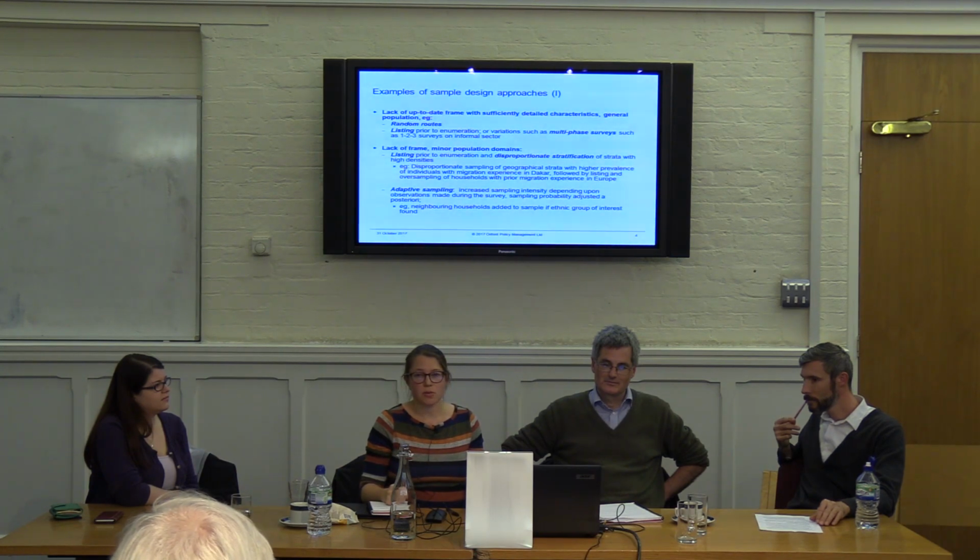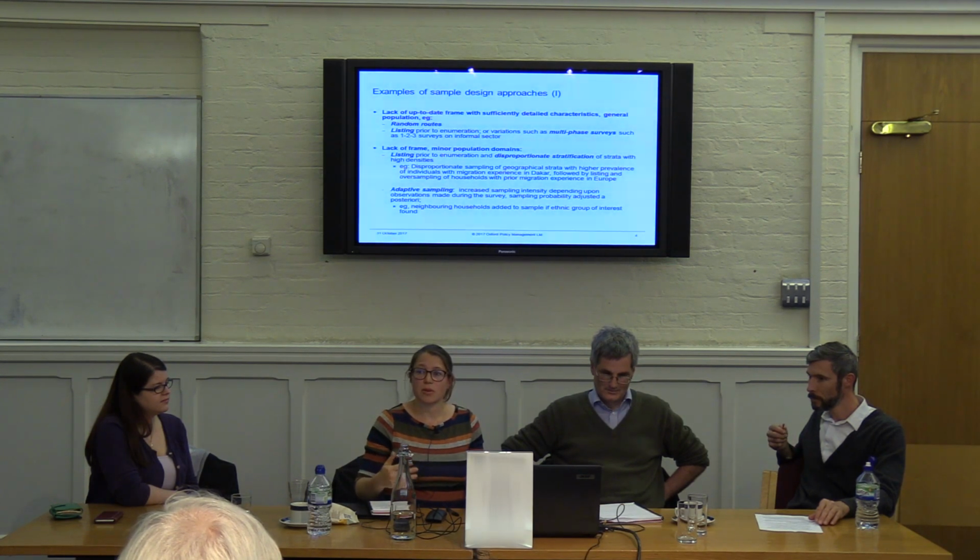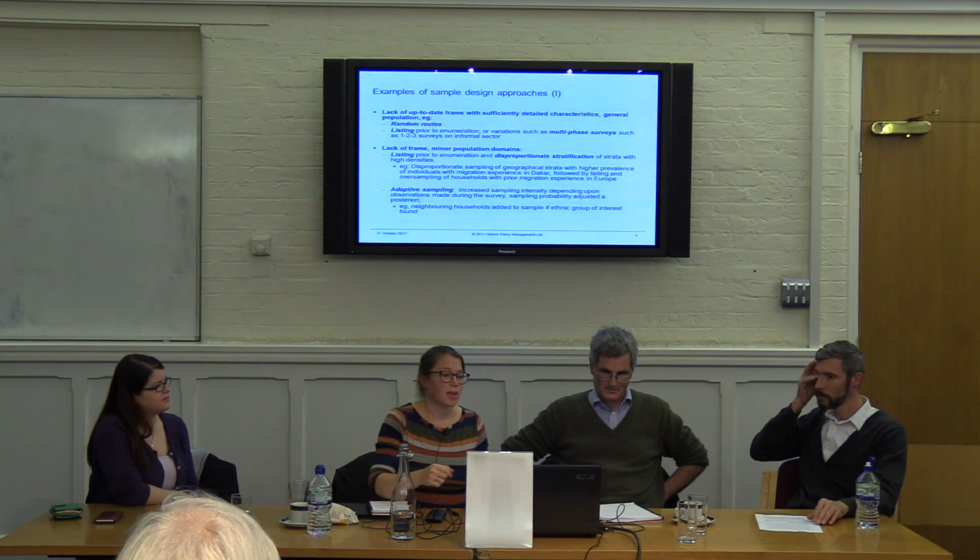And the other option is, of course, to do a screening or a listing prior to the enumeration. Examples, for instance, on the informal sector would be multi-phase surveys, where you have first contact around a household, but then try to find out if there are actually people in that household who also have an informal business.